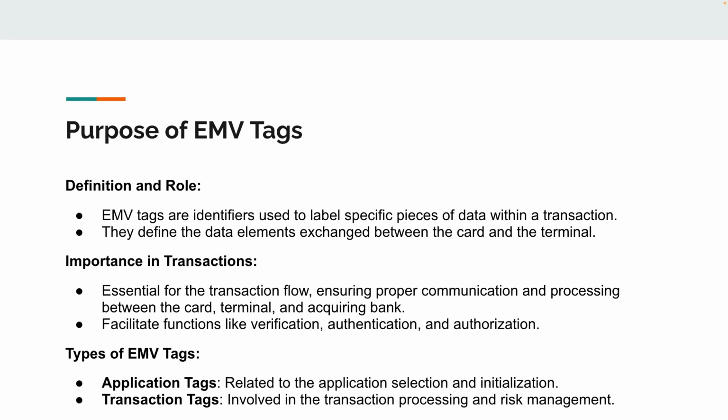Those data are EMV data, or some people call them ICC data. EMV tags help you to identify those particular data. They define data elements, like I said, exchanged between the card and terminal. Their importance in a transaction: they are essential for the transaction flow, ensuring proper communication and processing between the card and the terminal.